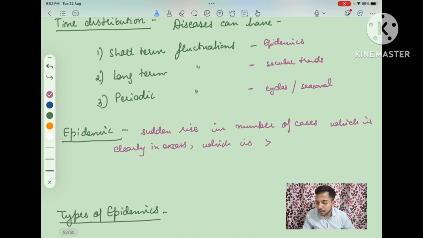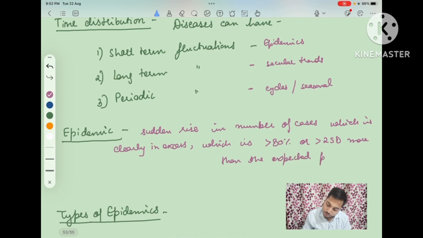Which is basically more than 80% or more than 2 standard deviations than the expected population. So it is the unusual occurrence of a disease or a condition in a particular area. It is not the usual occurrence of that disease in that area. But how much unusual? More than 80% or more than 2 standard deviations of the expected population.